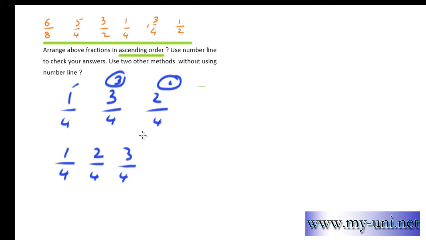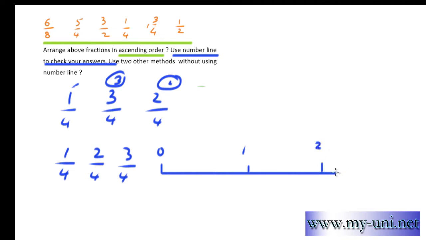and then the third one, 3 of 4. Okay, and if you were to use the number line to check your answers, you have to draw a number line, and as you know this is 0, and from here to here is 1 unit. The line goes on and on in this direction as well as in this direction.